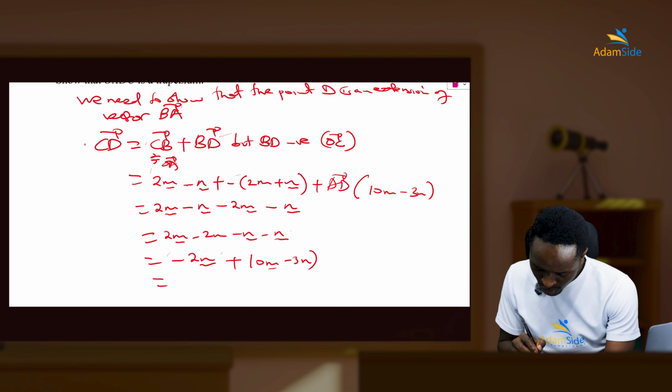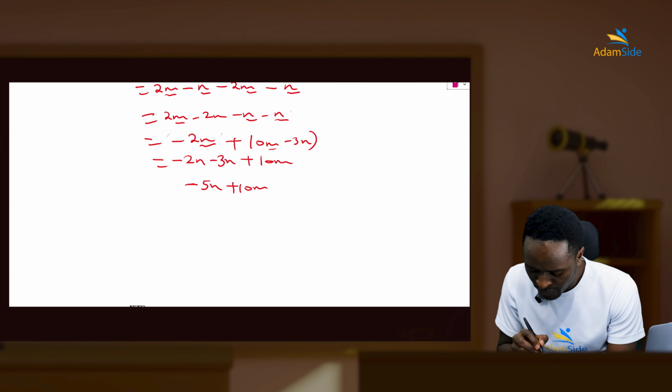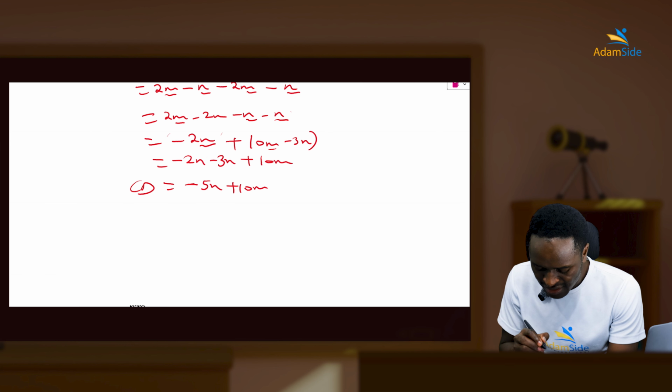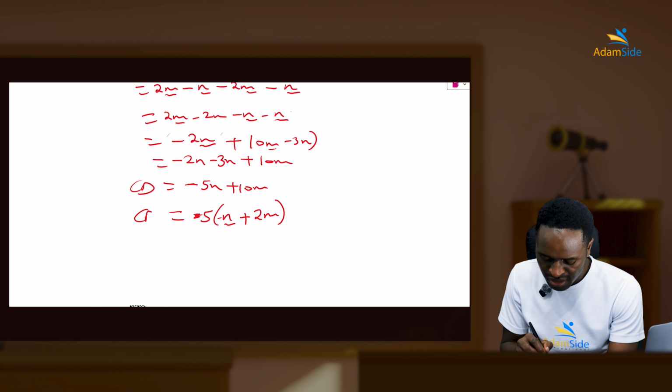You get negative 2n minus 3n plus 10m. You get negative 5n plus 10m, which is vector CD. If you take out the common factor 5, it becomes 5 into negative n plus 2m, which is the same as CD.